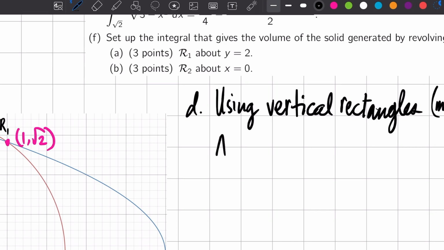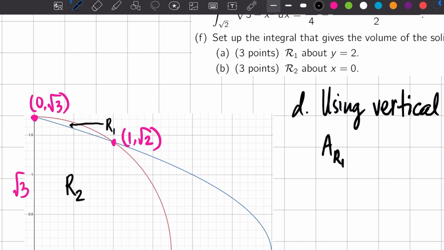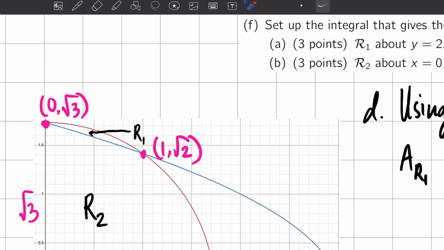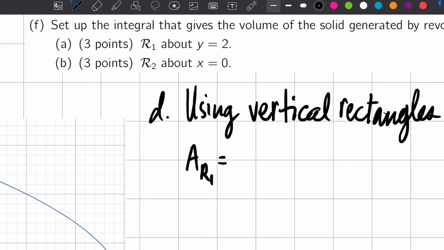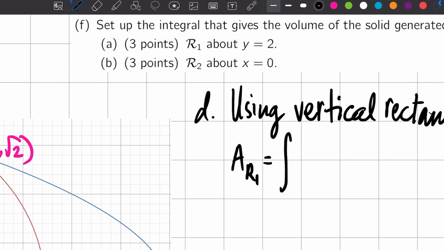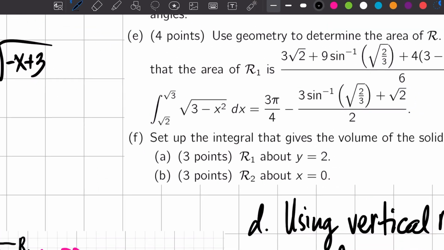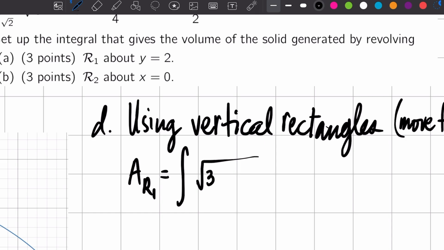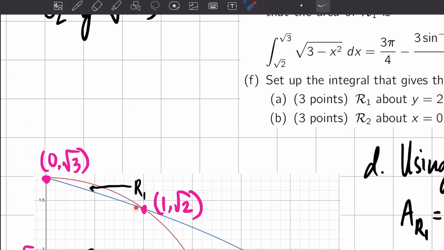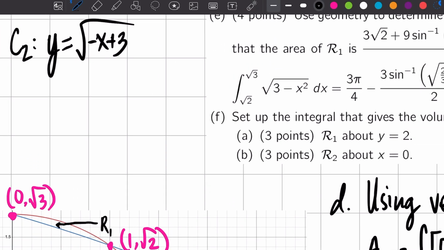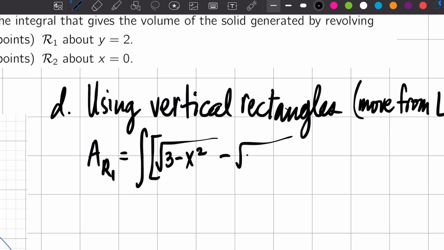So let's first obtain the area of the first region. For the first region, it is consistent that the top curve is the red one and the bottom curve is the blue one. So we only have to set this one up just once. We have the integral of the red curve, the circle, so that's the square root of 3 minus x squared, minus the bottom curve, the blue one, which is the square root of negative x plus 3, dx.